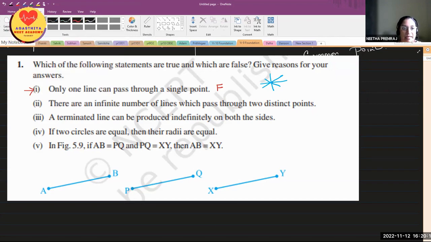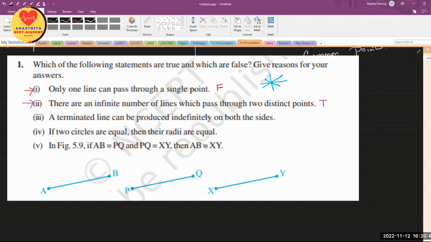Keep it up. Next, Rehan. There are an infinite number of lines which pass through two distinct points. It is true, ma'am. Seshatri, what do you say? Rehan says it is true. Is that true?